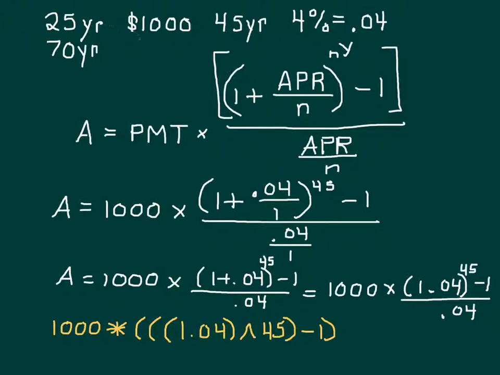We have 3 left parentheses and 3 right parentheses. So this represents the numerator of this expression. So now we can divide this by 0.04, in parentheses. And when we put this in, this should give us our answer.